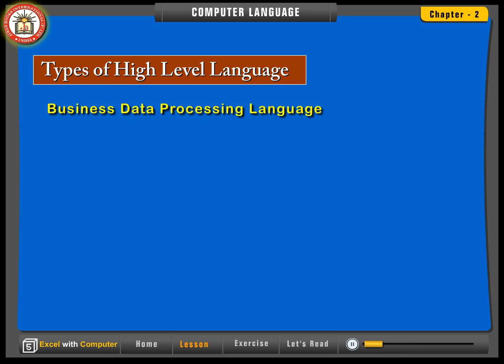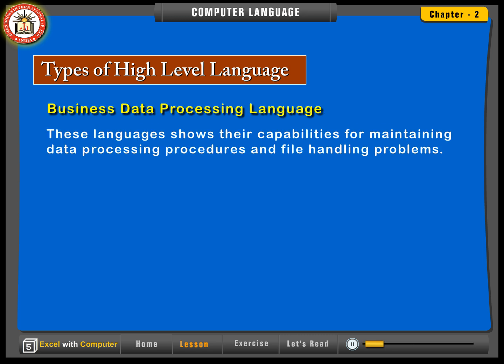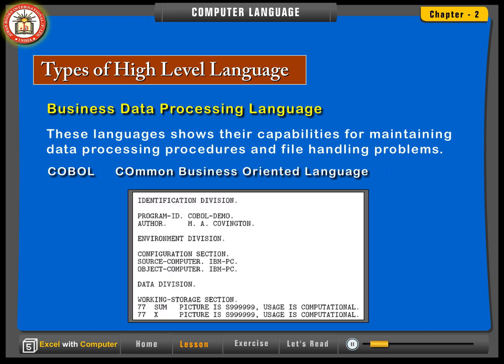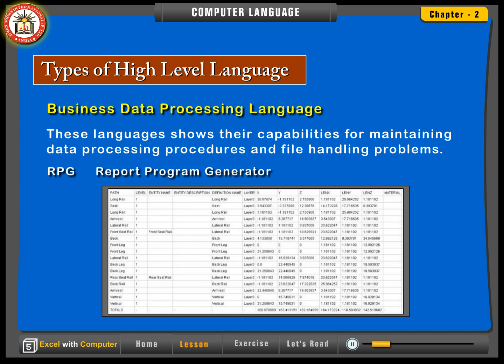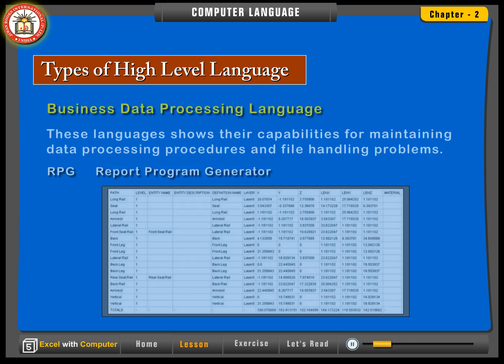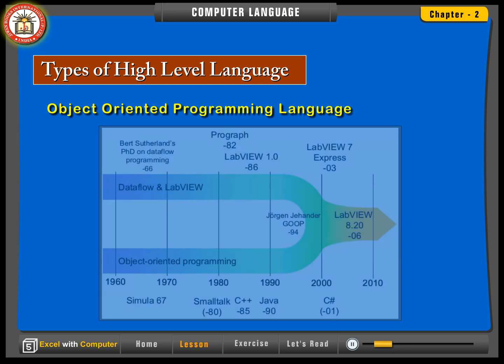Business data processing language. These languages show their capabilities for maintaining data processing procedures and file handling problems. COBOL, Common Business-Oriented Language. RPG, Report Program Generator. Object-oriented programming language.